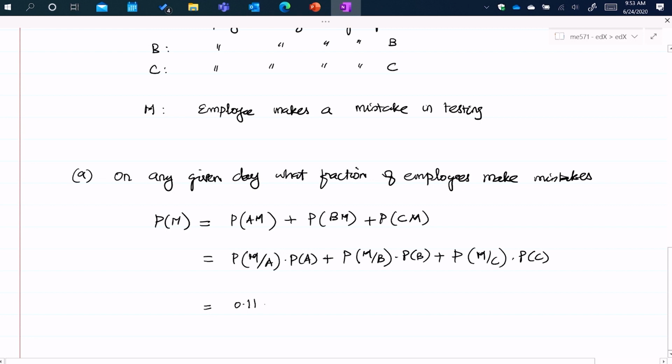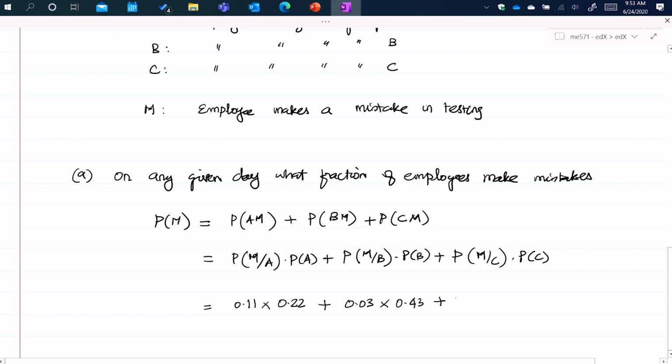And we know the probability of an employee belonging to group A is 0.22 because 22% of the total number of employees belong to group A. And the probability of M given B is 0.03 because only 3% of employees belonging to group B make mistakes. So given group B, the probability of mistake is 0.03. And we know that 43% of employees belong to group B.